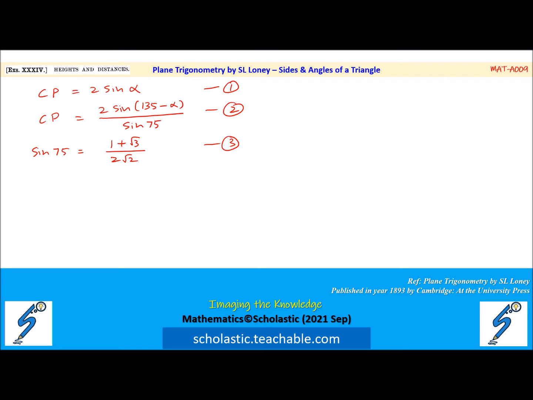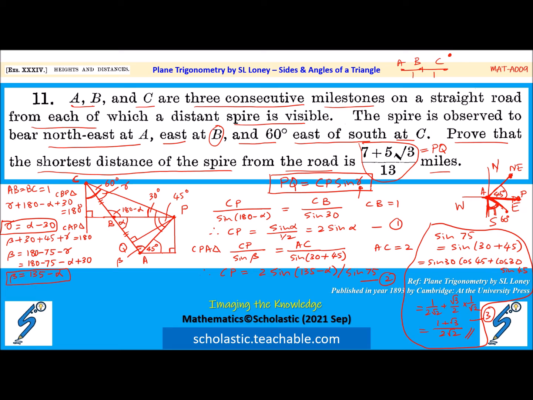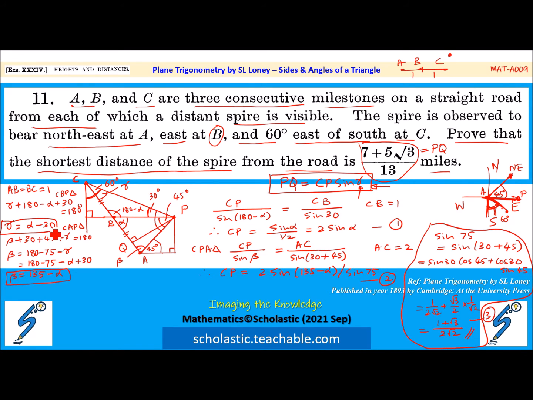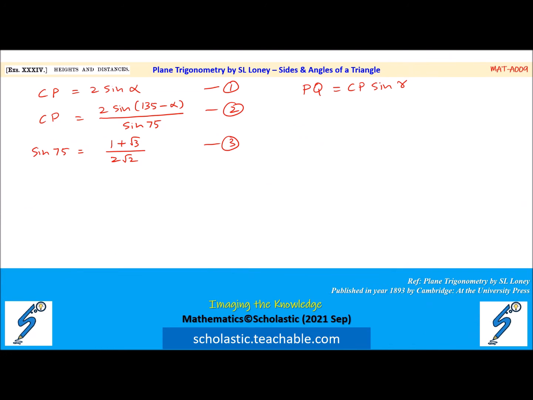Our aim here is to simplify these equations and find alpha, because what we need is gamma. What we are aiming for is PQ equal to CP sine gamma. But gamma is equal to alpha minus 30, so PQ is equal to CP sine of alpha minus 30.